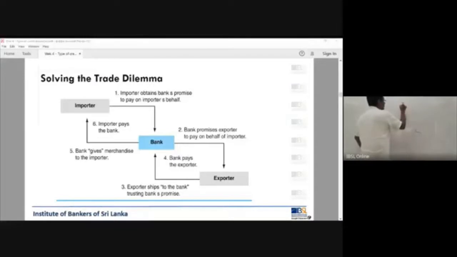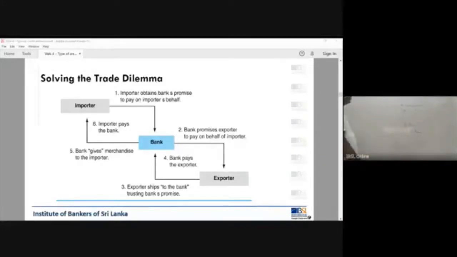Here we have Mr. Saravanamuthu in New Delhi. Colombo. We have Bank of Ceylon here. State Bank of India, SBI, is here.